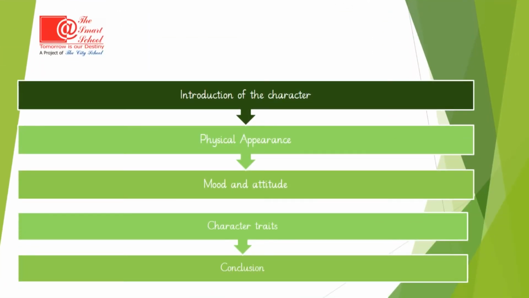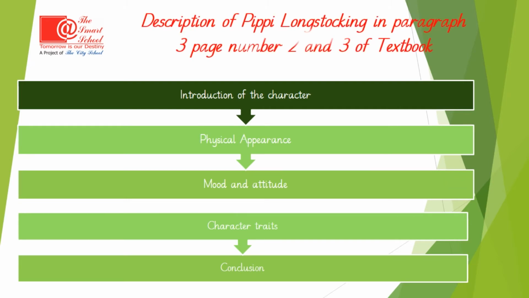Read that paragraph carefully and try to find the information about Pippi Longstocking. You can find introduction of the character. You can find her physical appearance. Find out what you can about her mood and her attitude. Find out about her character traits, which are her qualities, and then you will see that it is all concluded by one sentence.